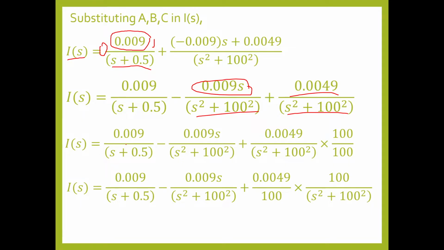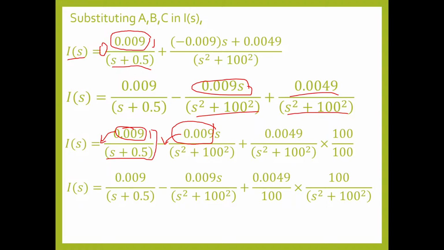Now later on, if you see here, I can keep this 0.0009 and write it here. If I take it common and write it on the other side, I will get 1 divided by this.